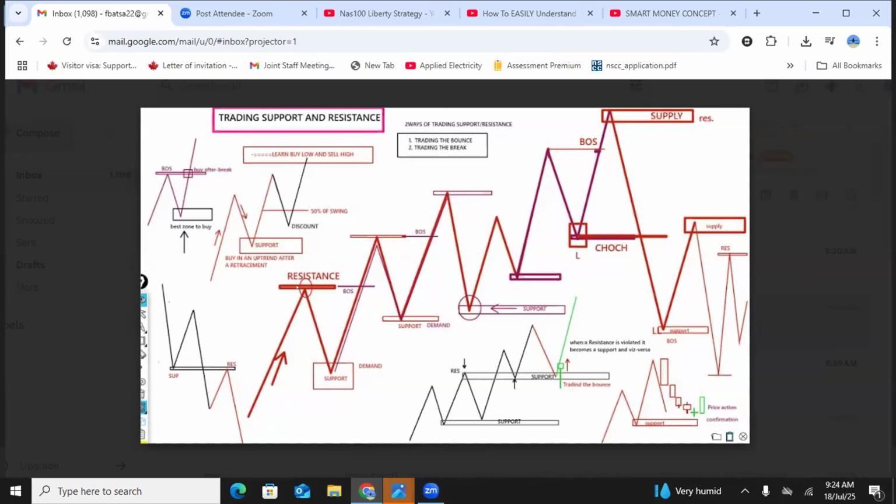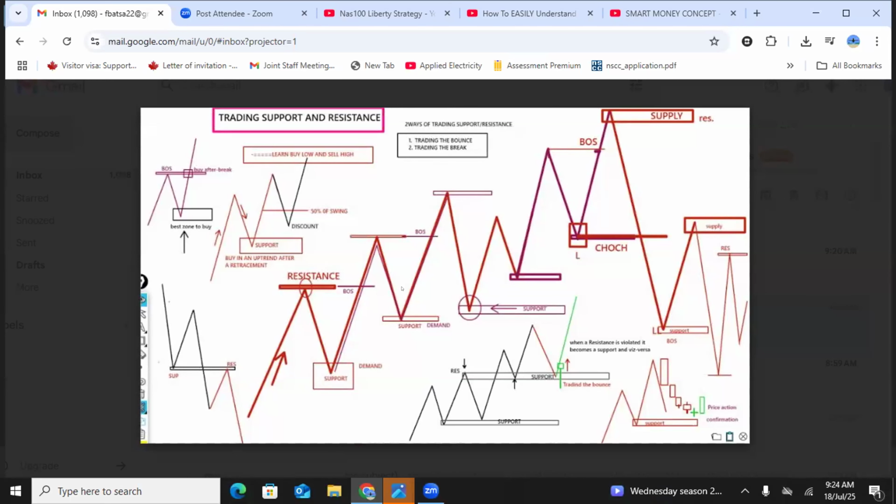So if it moves higher than the first high, we call it a higher high. And then we have a higher low. You see that here is also a low, but here it becomes a higher low.